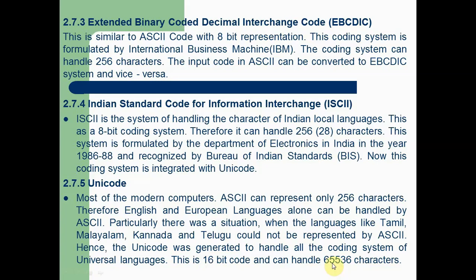So in Unicode, up to 65,536 characters can be used. Unicode is also called the universal language. In Unicode we merge all the older coding systems like ASCII, EBCDIC, and the Indian Standard Code for Information Interchange.